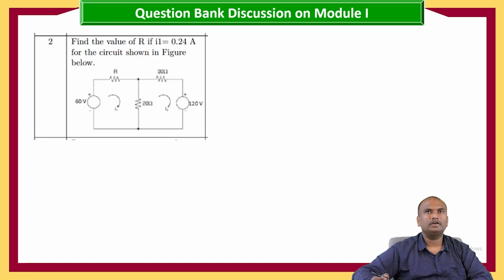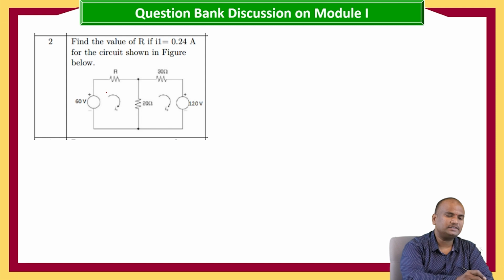Next, we go to the calculation of R. I1 is given as 0.24 amperes for the circuit given below. Here, I1 and I2 are the loop currents.